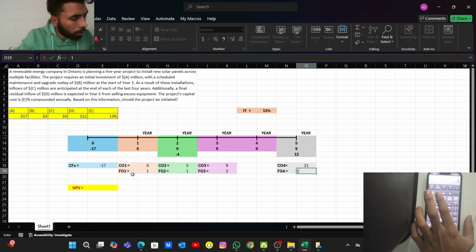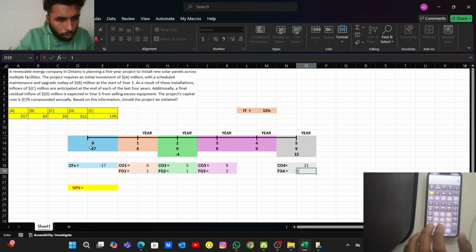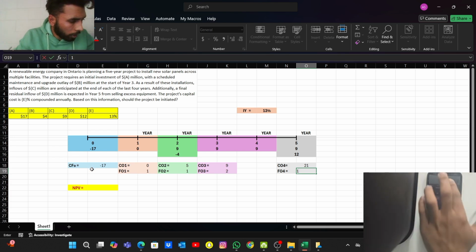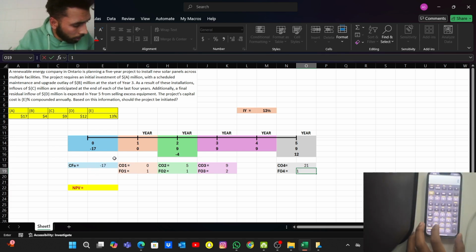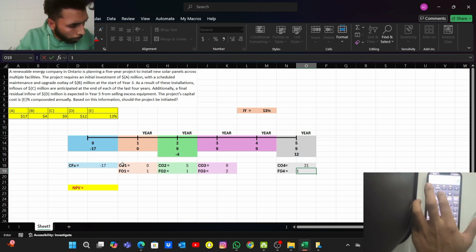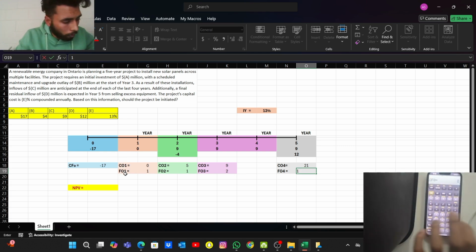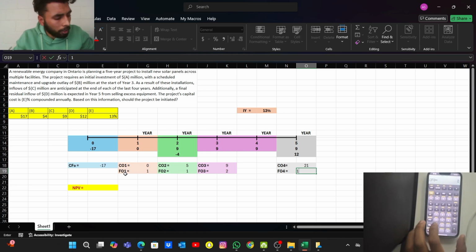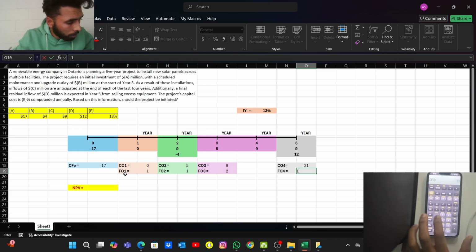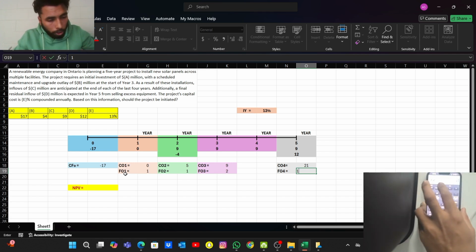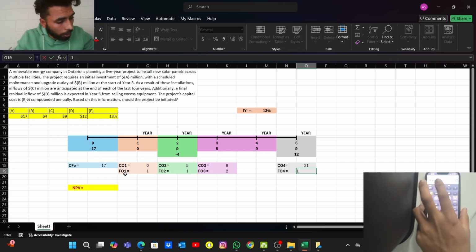First enter the investment, 17 with the minus sign, because expenses are always minus. For CF0, press the CF icon, enter minus 17, then press enter.